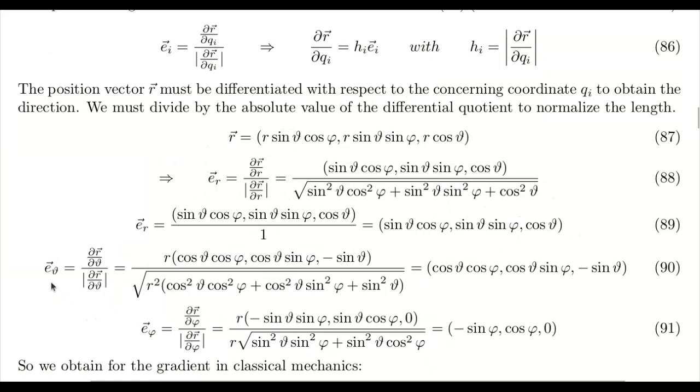Then we continue with the second coordinate, theta, e_theta. We differentiate with respect to theta. It means here we have sine theta, differentiated means cosine here. Here again another cosine, and the cosine differentiated is minus sine theta here. Then again in the denominator we have the squares of the components and the sum of them, and then a square root over them.